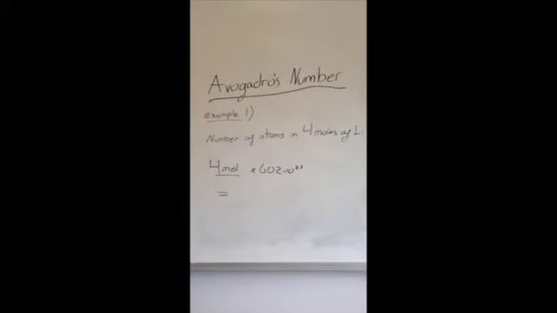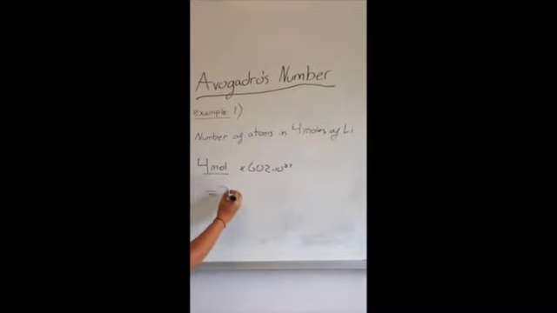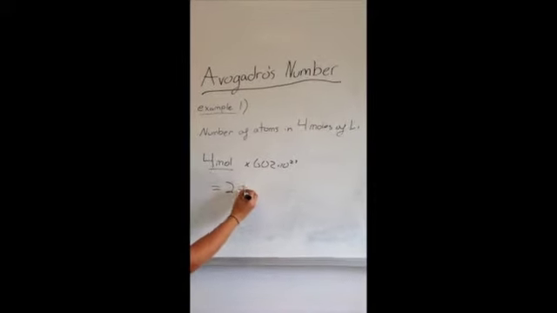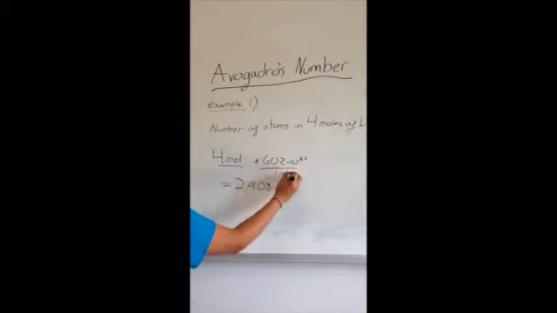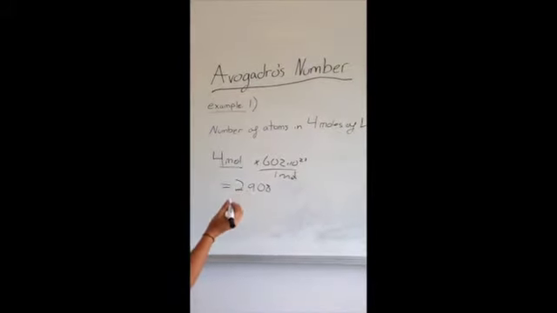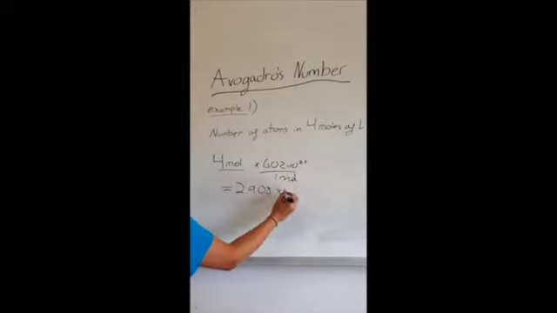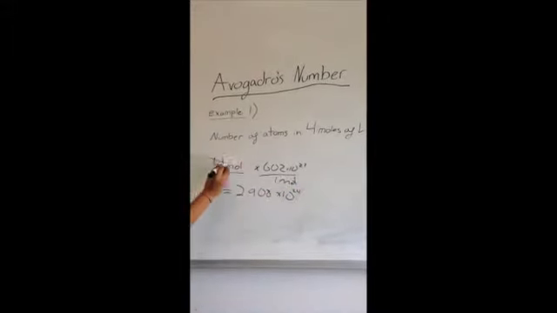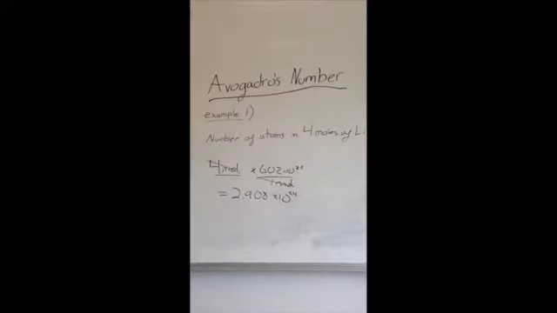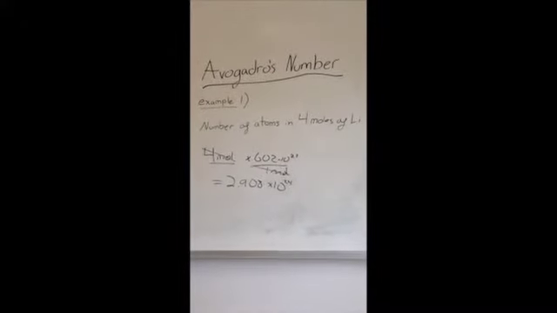And if you'll notice, since the 6.02 times 10 to the 23rd is atoms over moles, the moles will cancel out. Remember, this is just with elemental lithium, and these are the atoms.